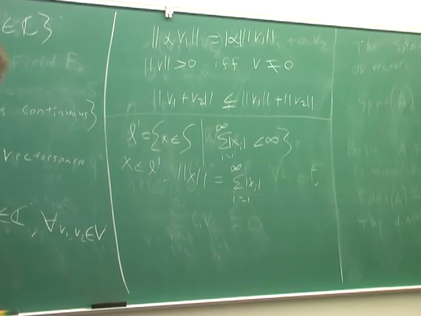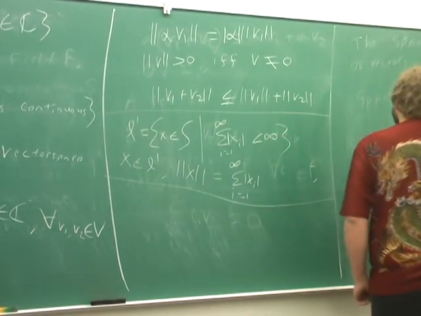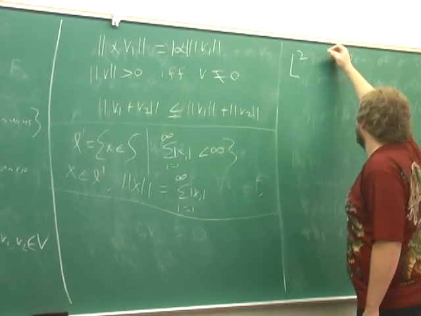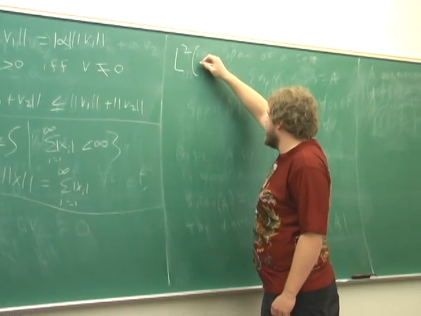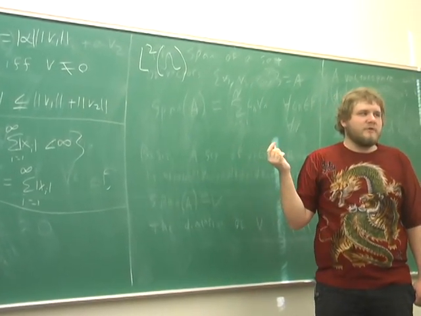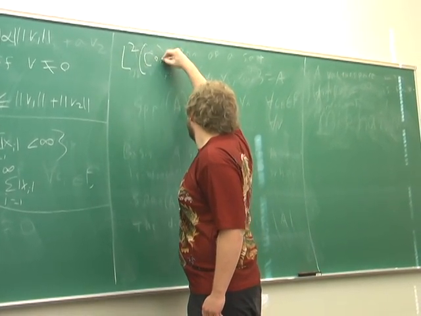For functions, again, we have to do the same thing. So we can define a function space, say L2, and this is usually defined over a set. So this is maybe Rn, or it could be 0, 1, for example.